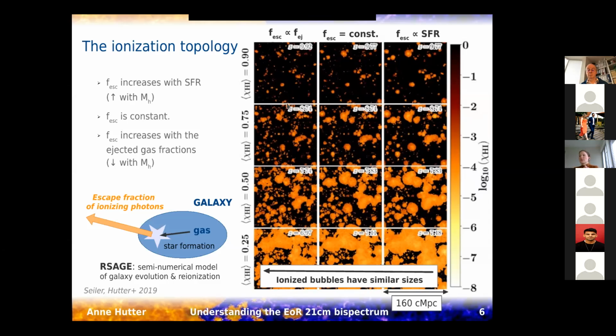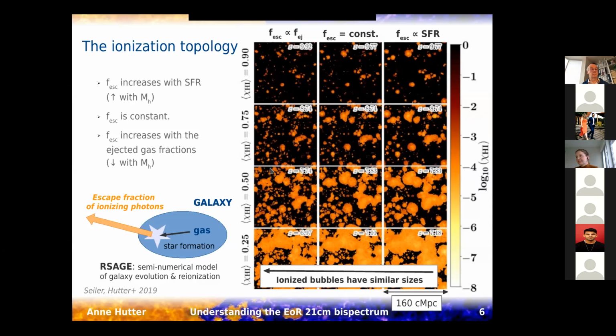If you go to the opposite case, the escape fraction increases with the ejected gas fraction. This is inspired by the supernova ejection model. We find that the escape fraction decreases with the halo mass.